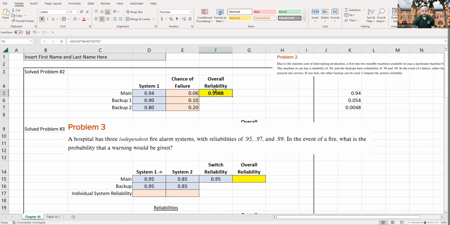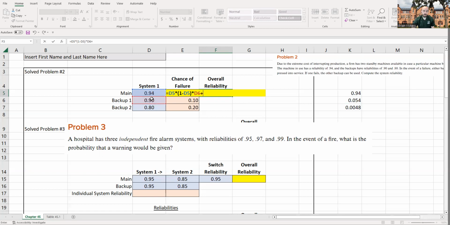So the overall reliability I could have set to equal 94% times 1 minus 94. I can put that in parentheses, so it does the calculation. That gets me 6% just sitting there. Multiply it by 90%, all right?